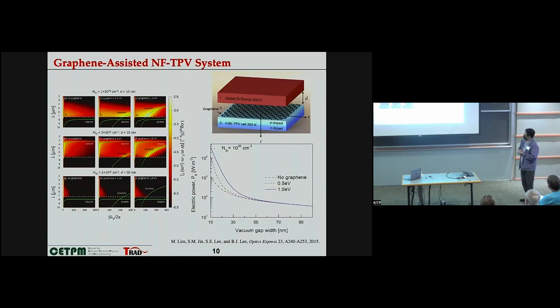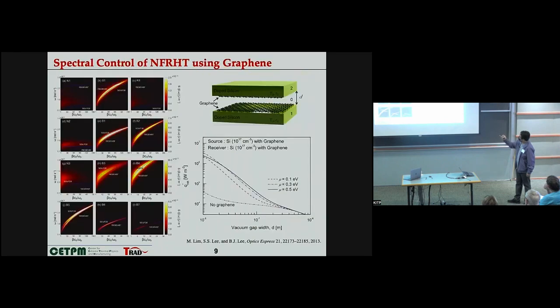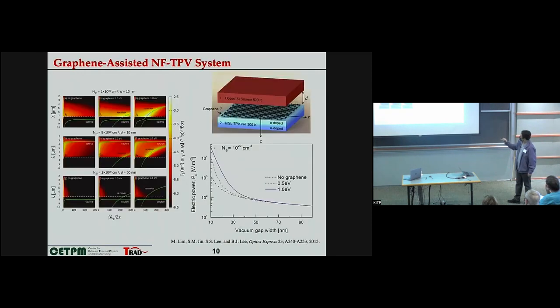But unfortunately, we found that the effect of graphene in these asymmetric configurations, emitter and cell of different materials, is different; previously we considered symmetric configurations, same emitter and receiver. For the device, the effect of graphene quickly disappears at less than 100 nanometer vacuum gaps. So it couldn't work for our devices because the minimum gap we achieved is around 400 nanometers at the time.